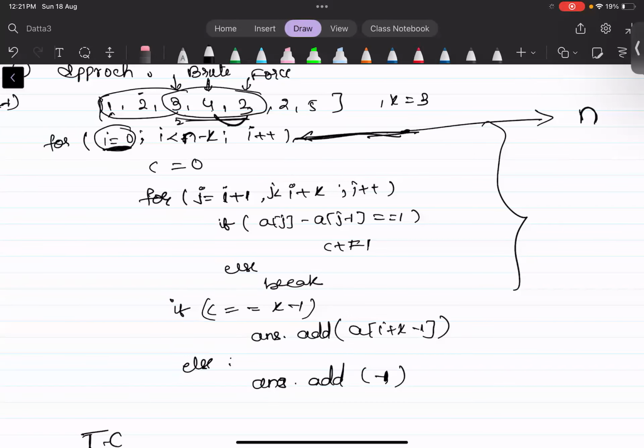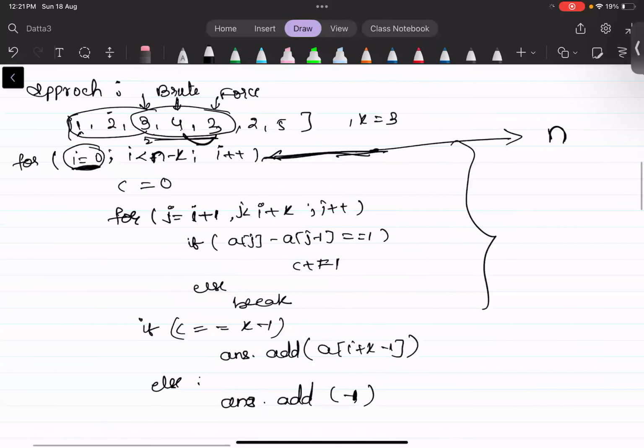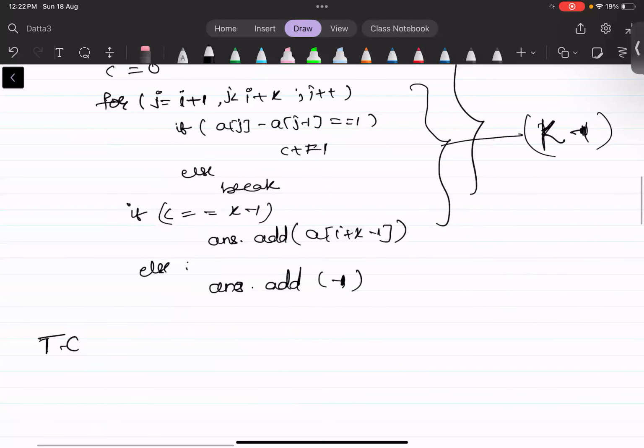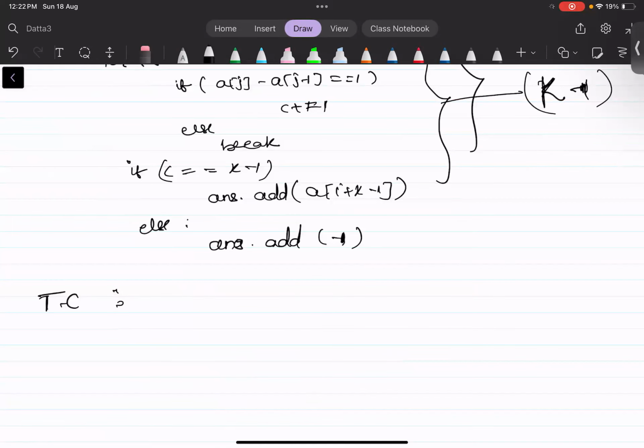And my inner for loop will again run for k number of times, or k minus 1 number of times. So our overall time complexity will be n minus k into k minus 1.